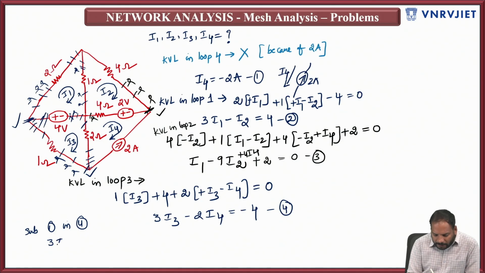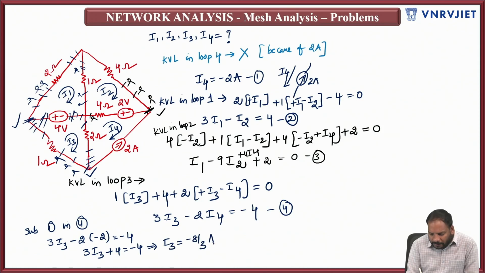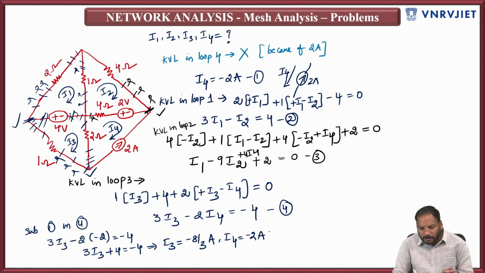That means 3I3 minus 2, I4 is minus 2, equal to minus 4. So 3I3, so minus into minus plus 4 equal to minus 4. From this I3 equal to minus 8 by 3 amperes. And I4 already we got it as minus 2 amperes. So you got I3 and I4 now.